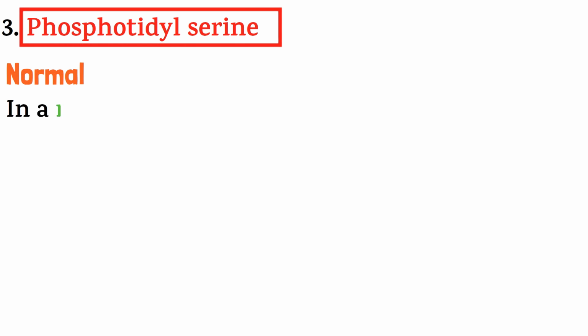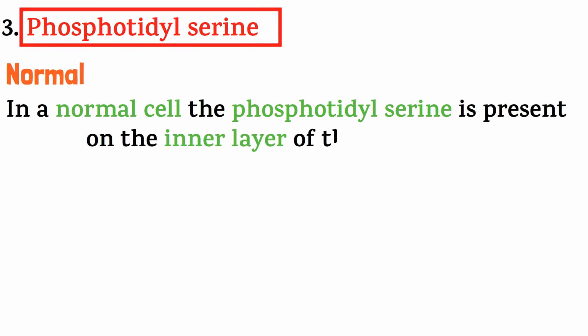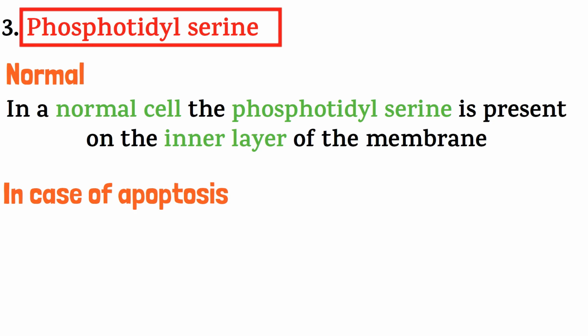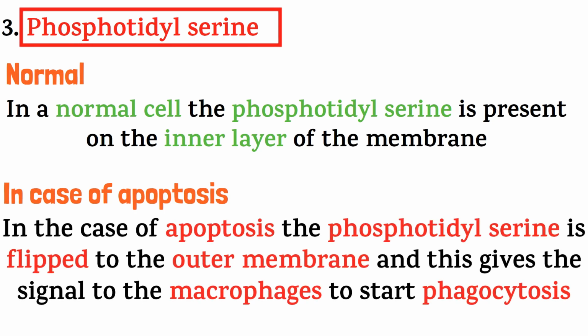You know from physiology that in a normal cell, the cell membrane is a phospholipid bilayer, and the phosphatidylserine is present on the inner layer of the membrane. In the case of apoptosis, the phosphatidylserine is flipped to the outer membrane. And this gives the signal to the macrophages to start phagocytosis. With this, we complete both the pathways and the process of apoptosis.